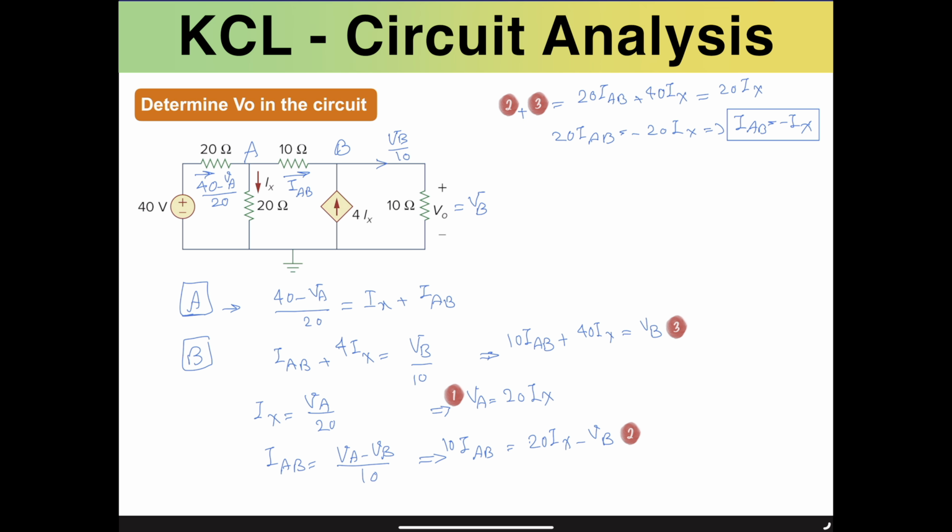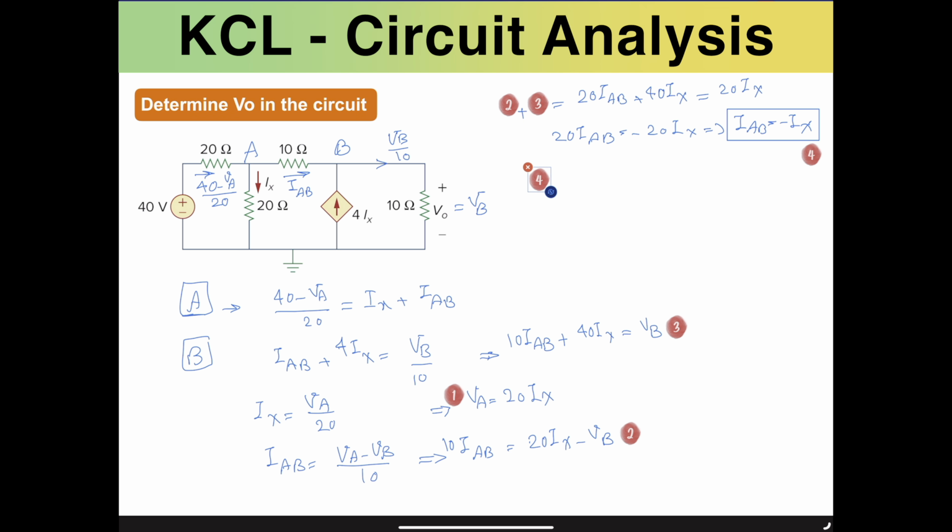Using this equation, and replacing IAB in terms of Ix, we can find out VB in terms of Ix as well. So essentially, I'll replace this equation here. Let's call that equation number 4.